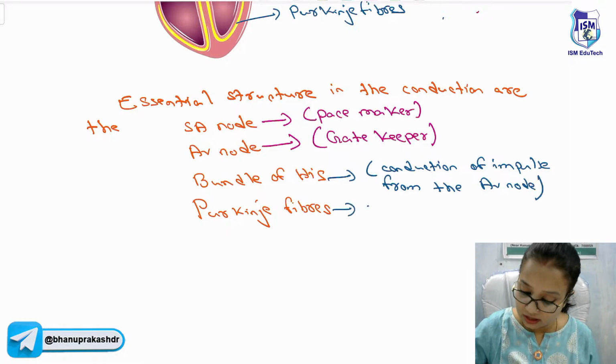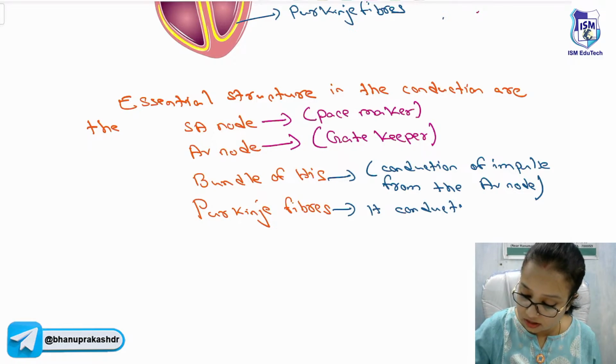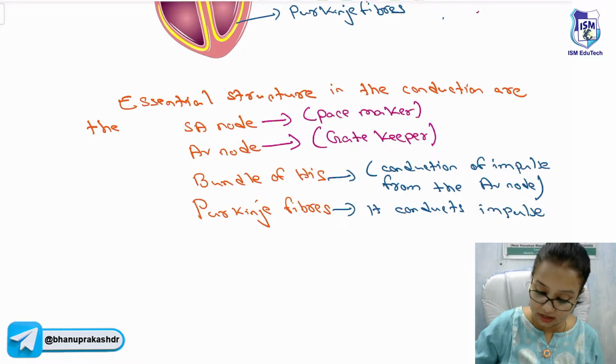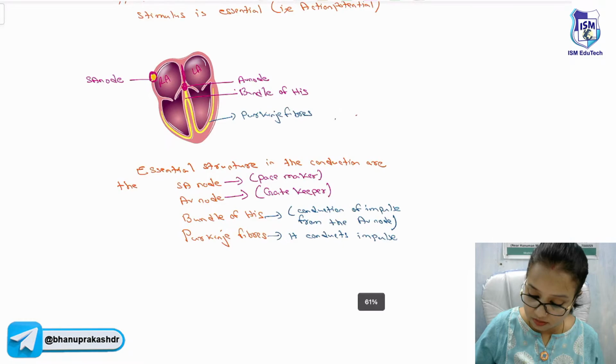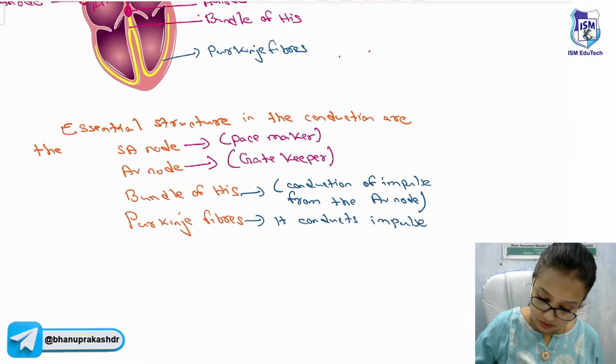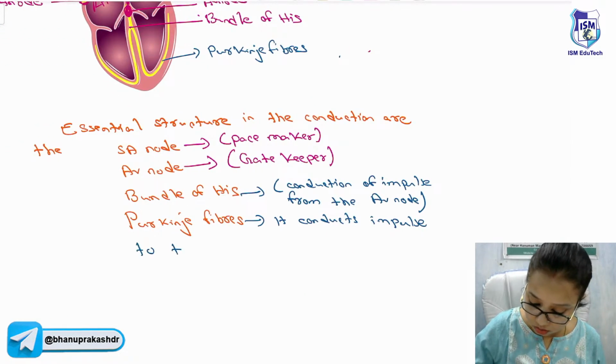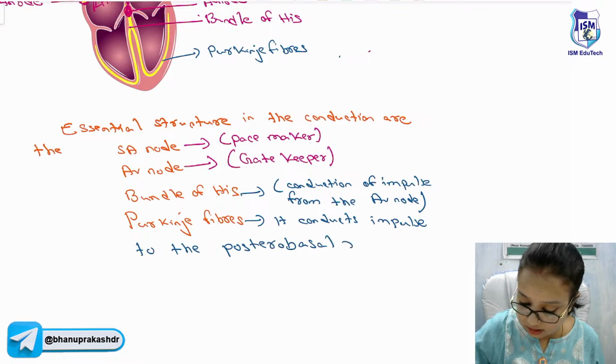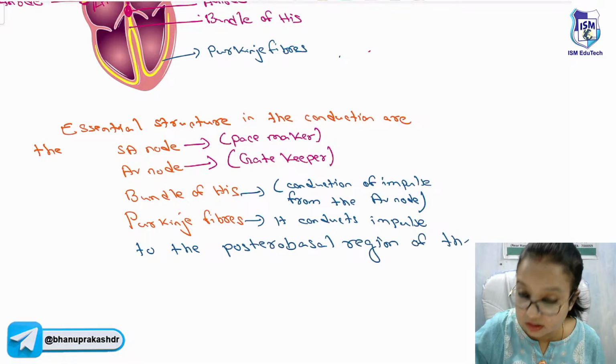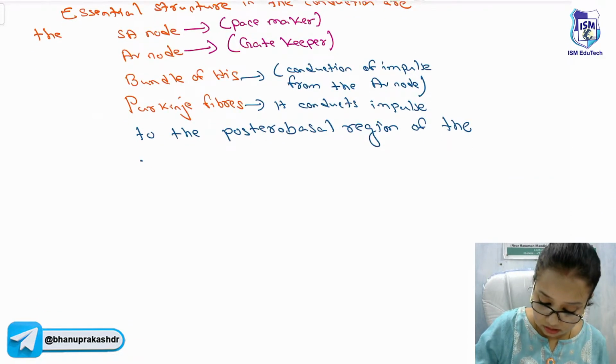Purkinje fiber conducts impulse, that is the wave of depolarization, all the way to the posterobasal region of the ventricles.